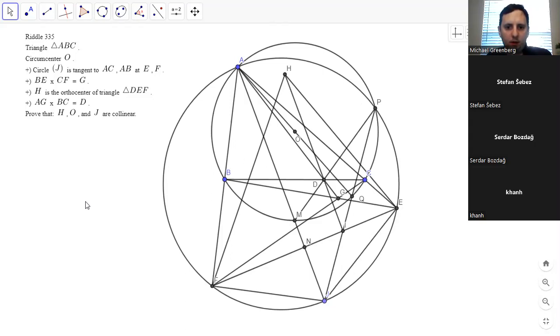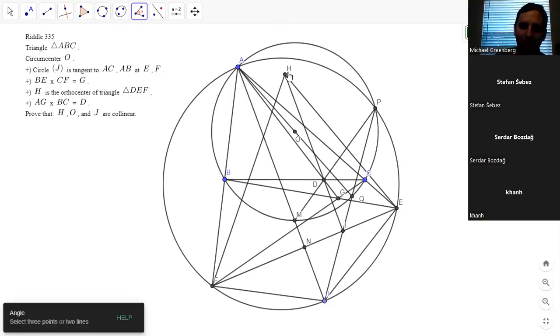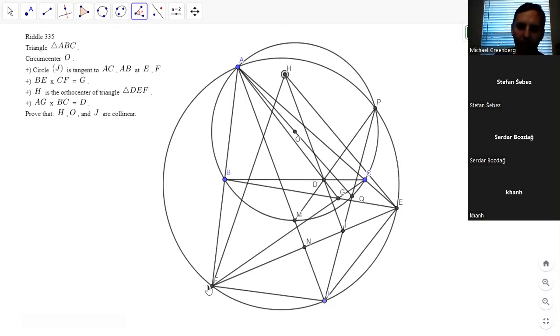Let's see. I wonder if O and M are isogonal conjugates. And H, yeah.